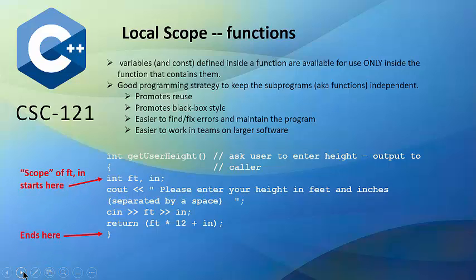The scope of feet and inches starts right here where it's declared, right after our curly brace, and its scope or usability ends at the closing curly brace. So no other function has access or can use ft and in, these local variables that are especially designed and used inside getUserHeight.